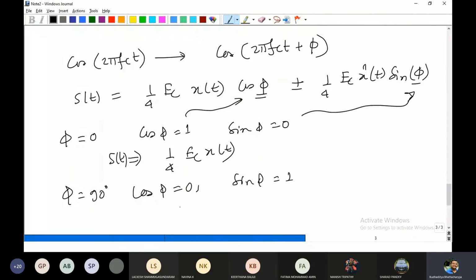Hence you will have s(t) as 1/4 Ec x prime(t). This is also a transformed output you are getting from x(t), so again you have to do a re-transform in some order.